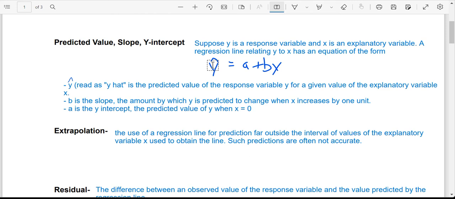Y hat, which is fun because it looks like a little hat on my Y. So what does this do? Y hat's supposed to represent the predicted value with the given x value. All of the three values are explained here, y hat, b, and a.